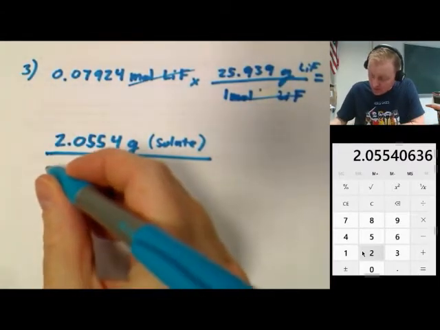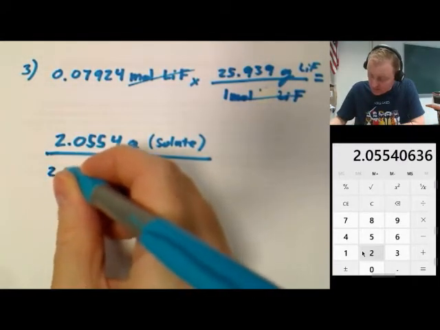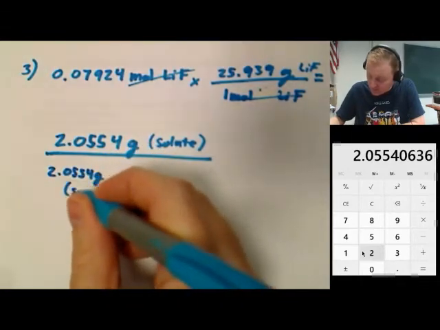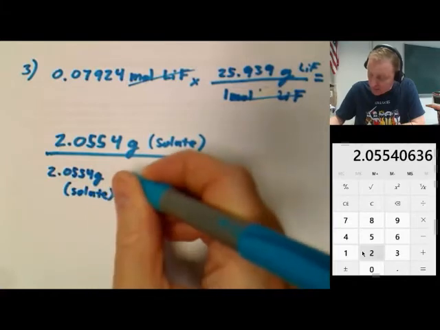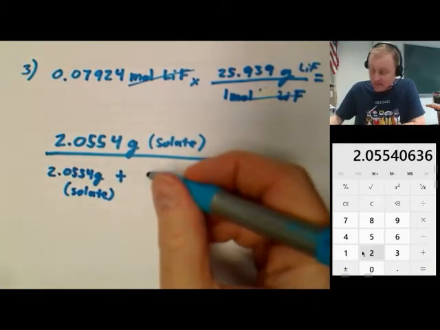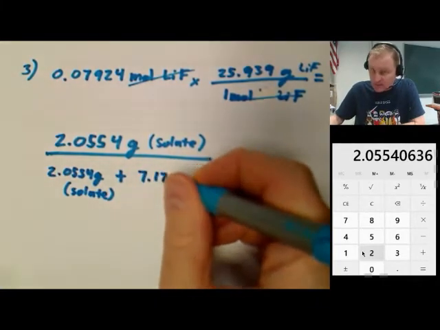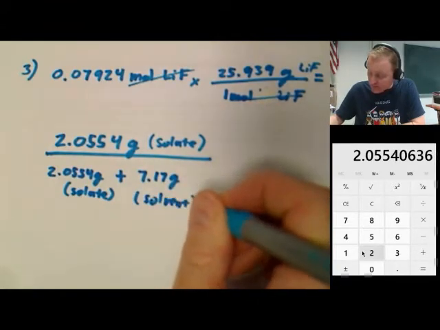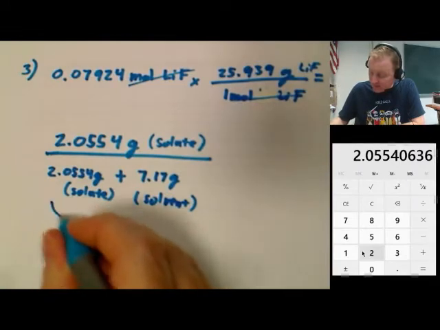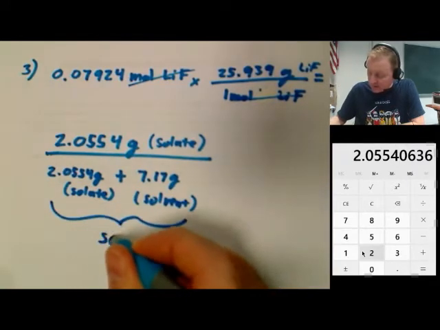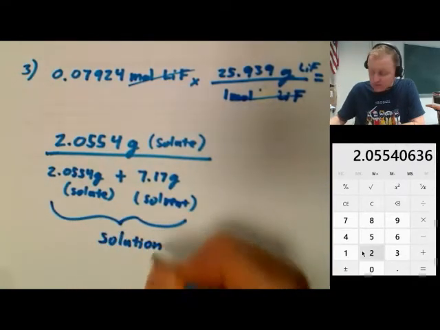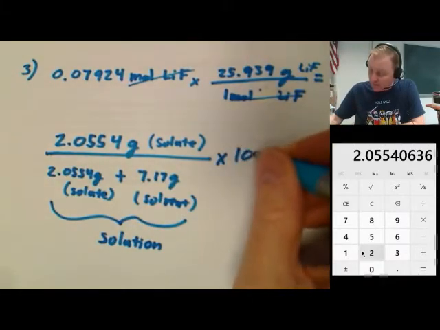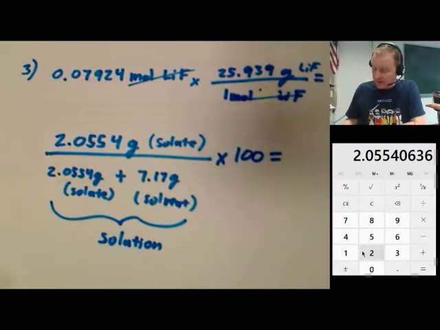So our denominator would be 2.0554 grams, which again is solute, plus the 7.17 grams, which is the solvent. Together, the solute and solvent make a solution. I'm going to multiply that by 100. We get our answer here.